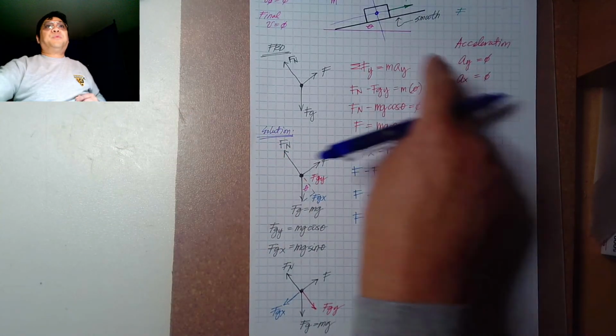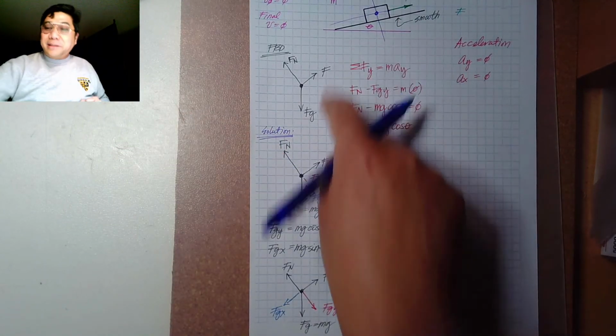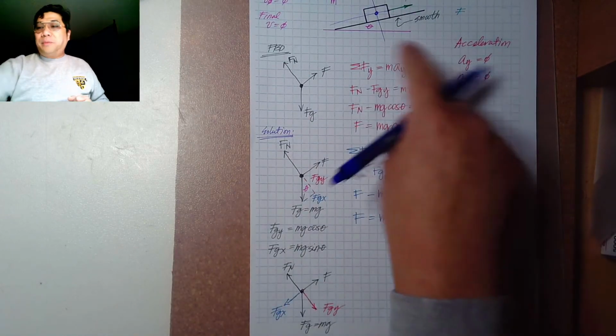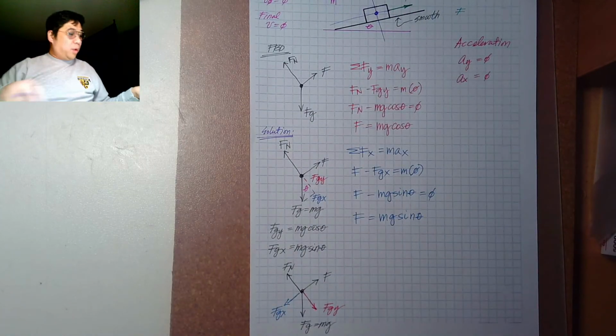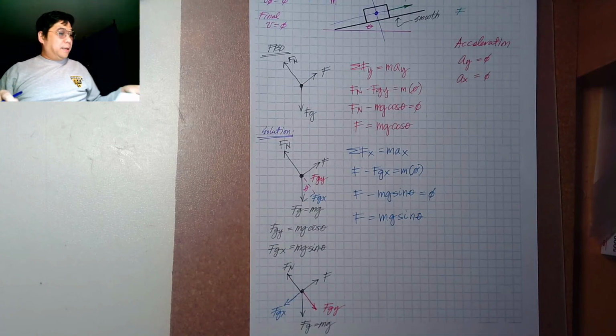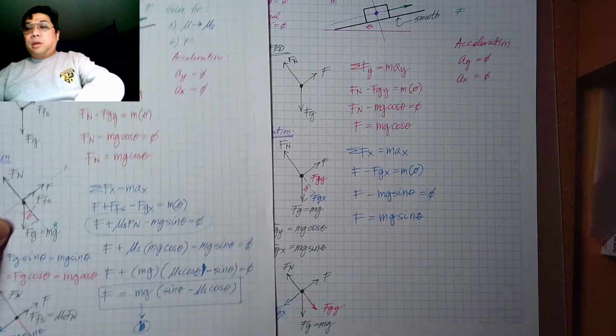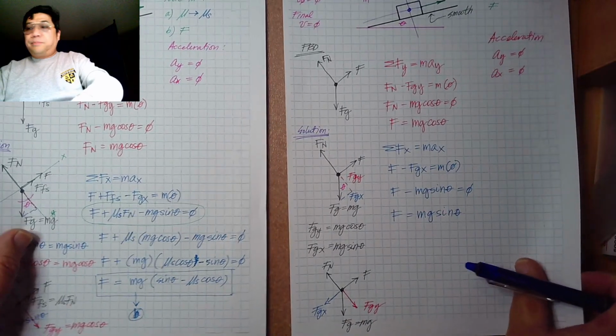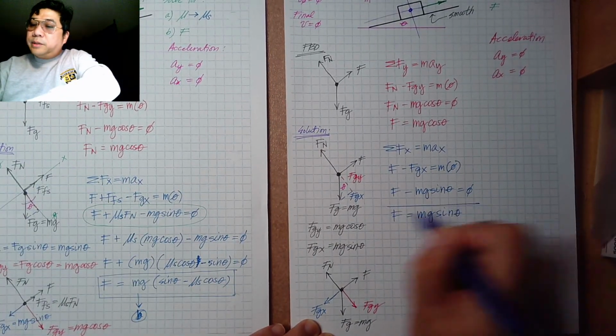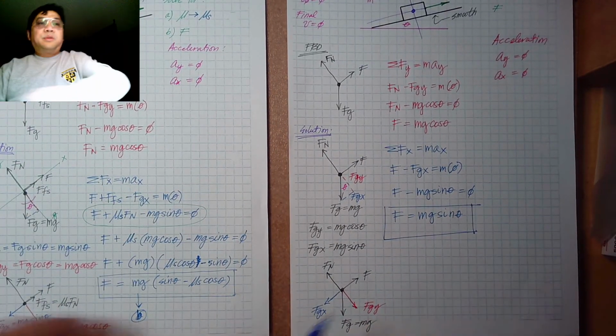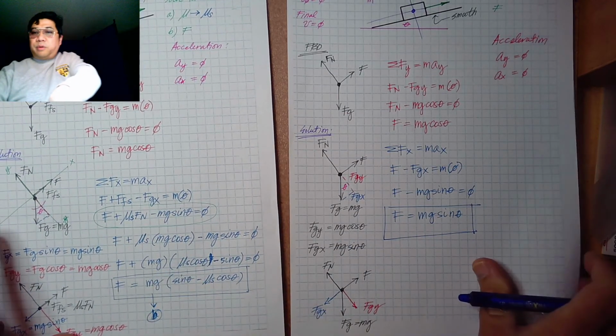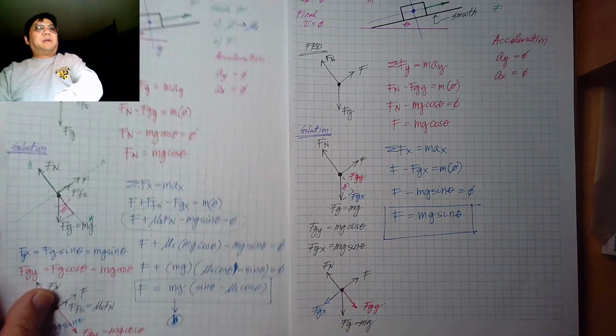Technically, you don't have to work on the y-axis, the y component. However, I just wanted to use this to show that, as I mentioned earlier, all you need to do is eliminate the friction from the previous solution right here.